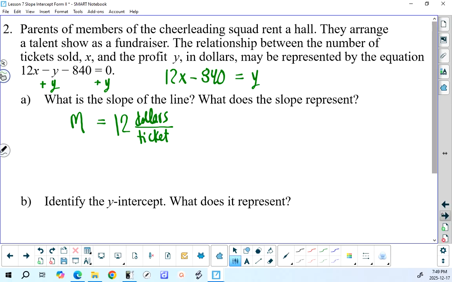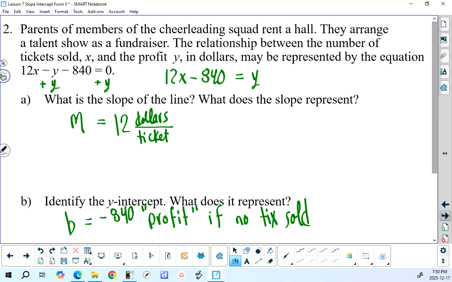What's the y-intercept? The y-intercept is the number by itself, which is negative 840. So what is y? Y is a profit. This is the profit, and I'm going to put the word profit in quotation marks, if no tickets are sold. I cannot come up with a scenario under which they organize this event and they fail to sell any tickets.